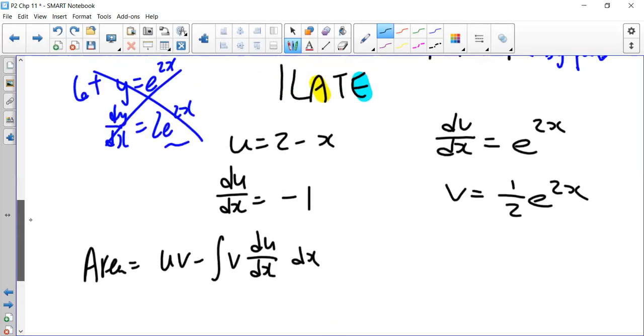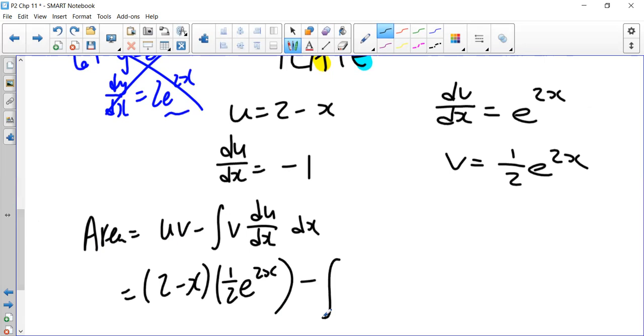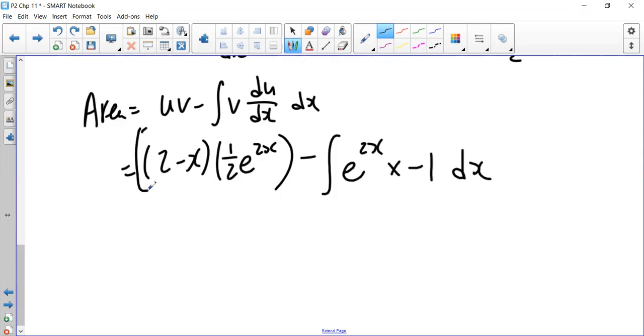So make sure you pick the right thing. u is 2 minus x, v is a half e to the power of 2x. So the integral of 2 minus x equals a half e to the power of 2x minus the integral of v du by dx. What's v? v is e to the power of 2x. What's du by dx? It's just minus 1. And then we also have the limits 0 to 2.